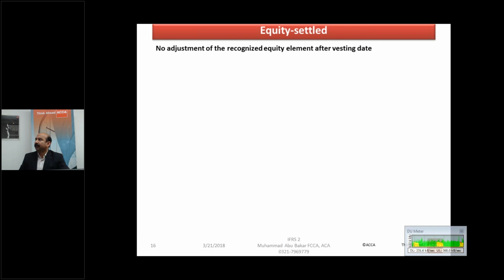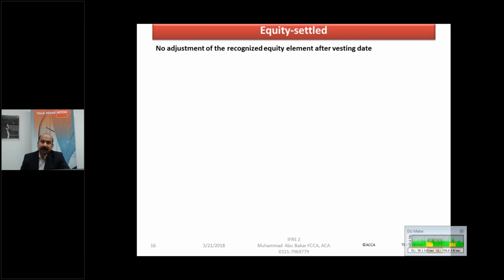No adjustment of the recognized equity element after vesting date. If the entity has recognized goods or services received in accordance with the standard and a corresponding increase in equity, the entity shall make no subsequent adjustment to the total equity after vesting date.